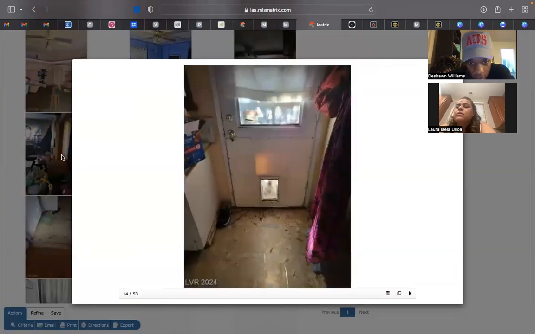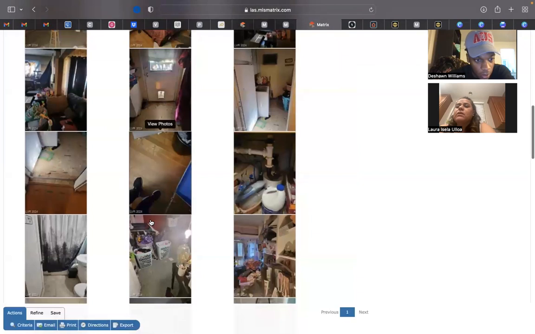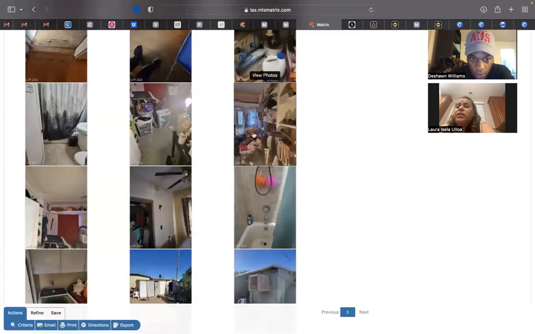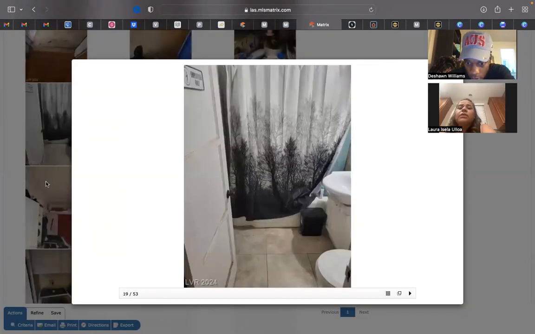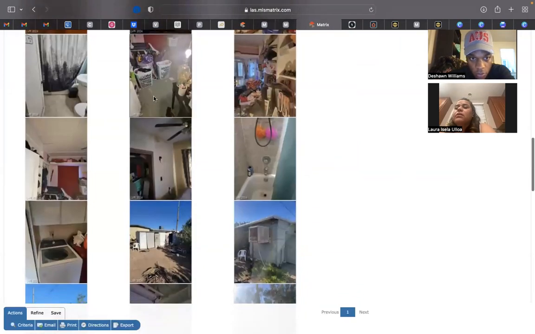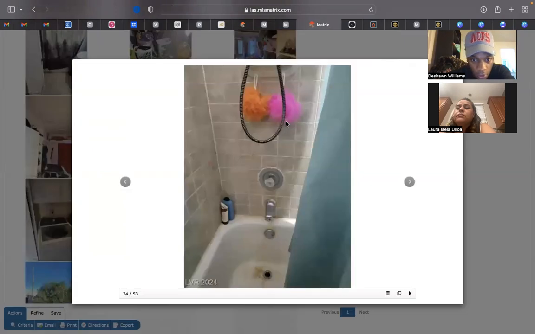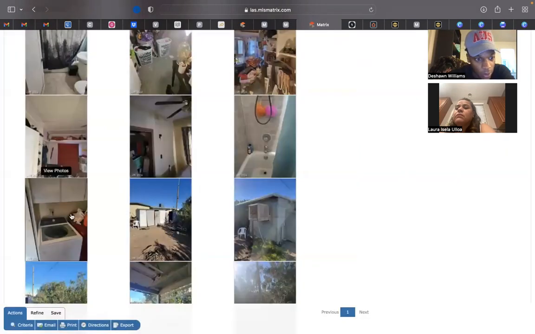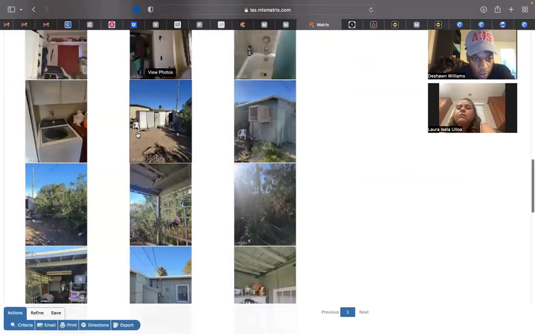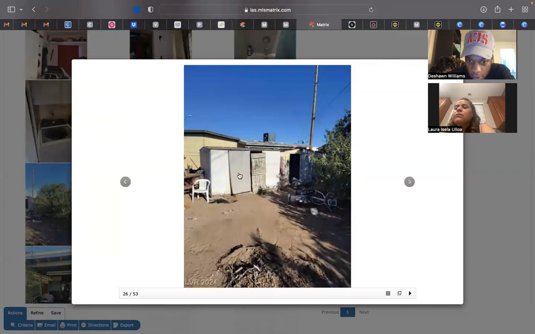Wow. Yeah, definitely needs some work. Oh, here goes the shower. Okay, got some discoloration. The tiles do look newer, but not new by any means. The washer and dryer are newer.